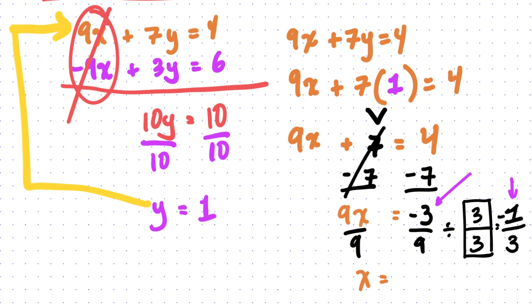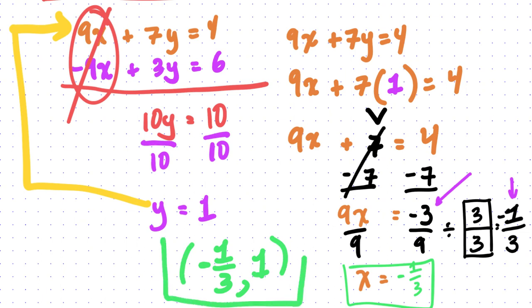And so x is equal to negative 1/3. And so what I got to do now is combine my x and y value into a solution. So negative 1/3 and positive 1 is the solution for both of these equations.